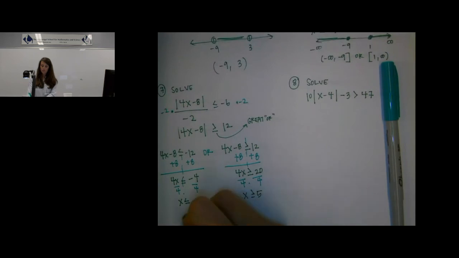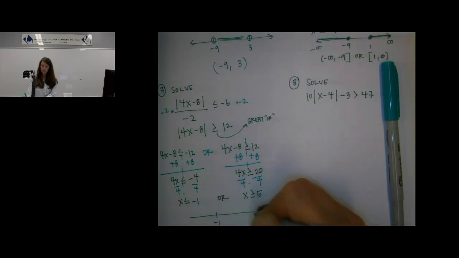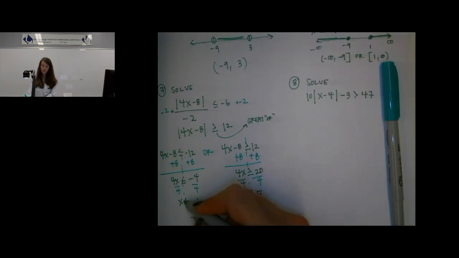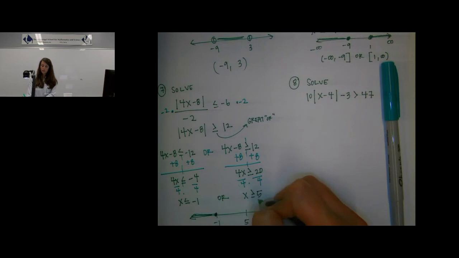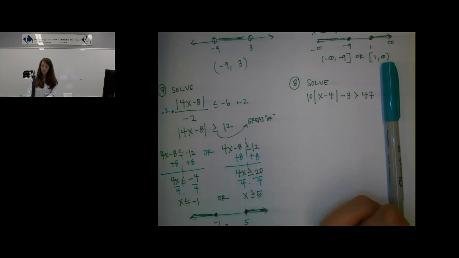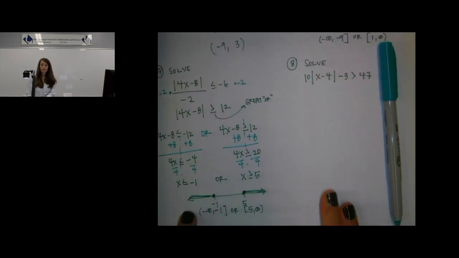So, negative 1, positive 5. X is less than or equal to negative 1, so everything to the left. X is greater than or equal to 5, so everything to the right. So negative infinity to negative 1, and then, or 5 to infinity. Oops, I'm sorry. Good?